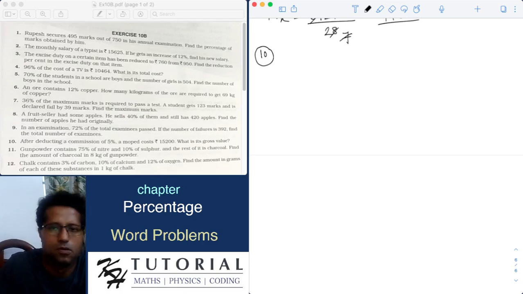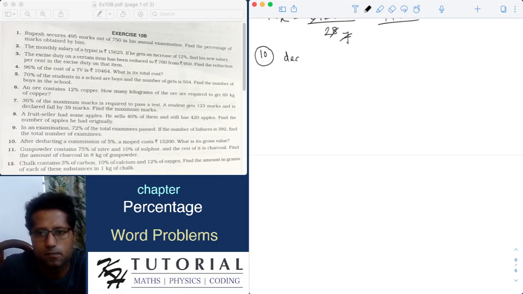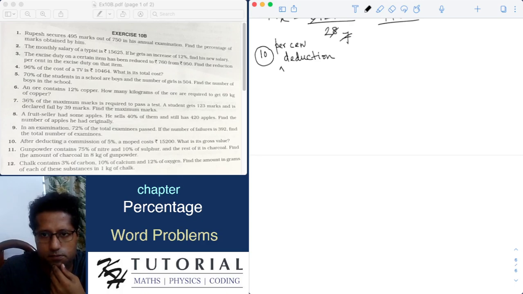Okay, so deduction. It is saying that after deducting a commission of 5%, the percent of deduction is given to be 5%.